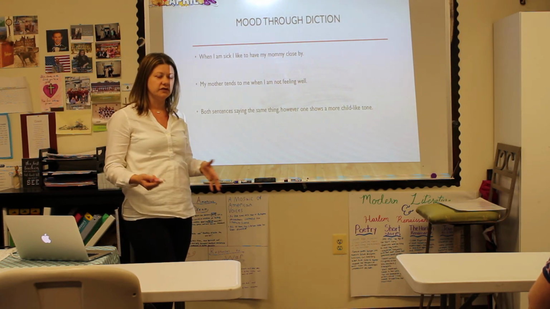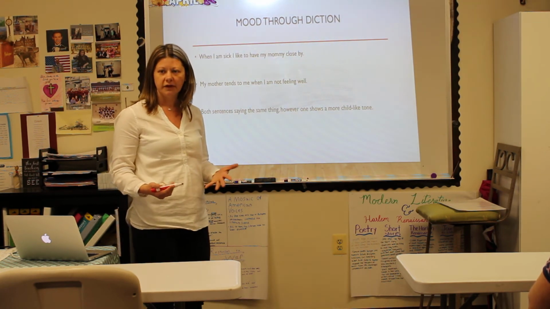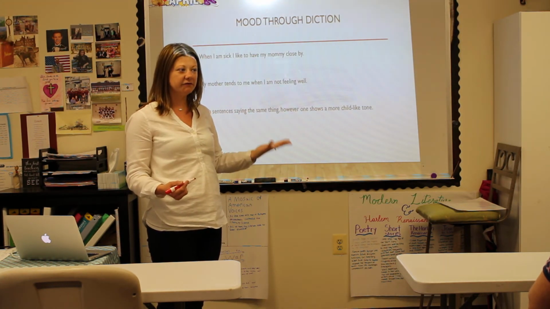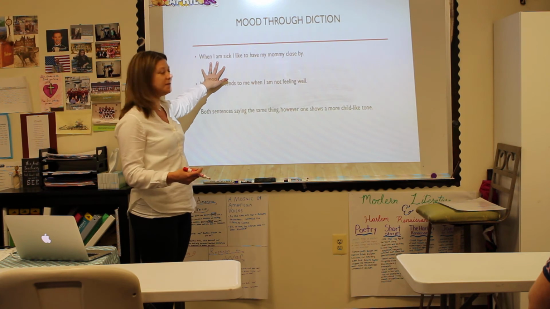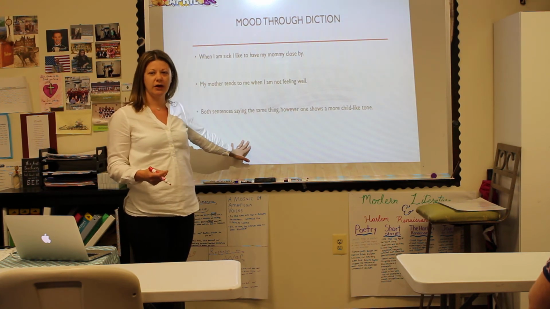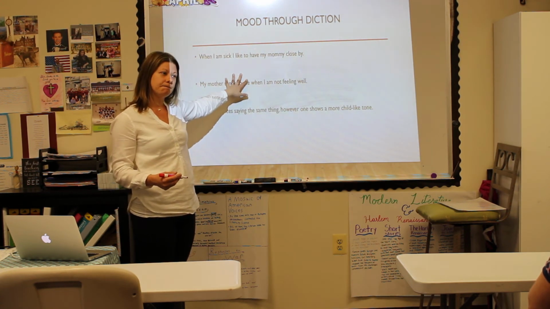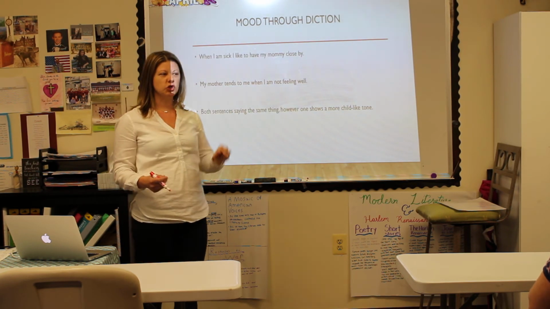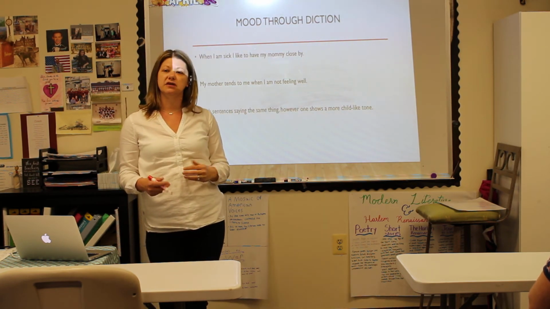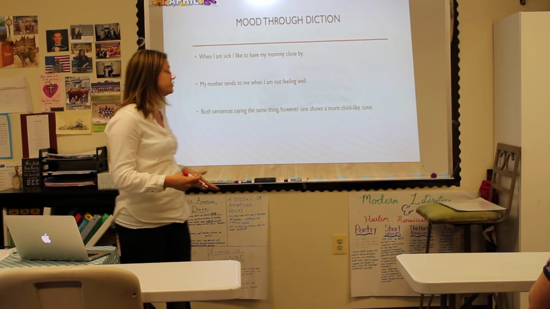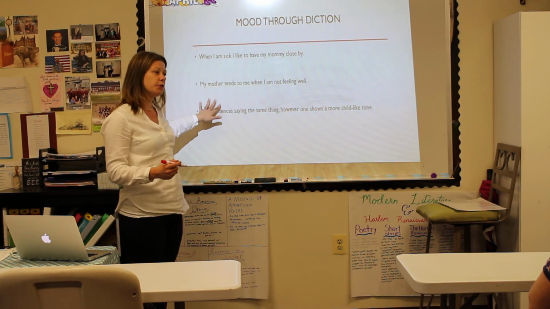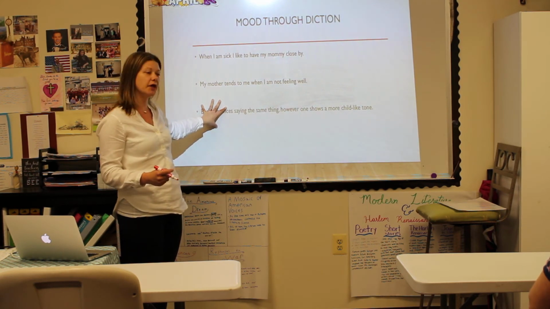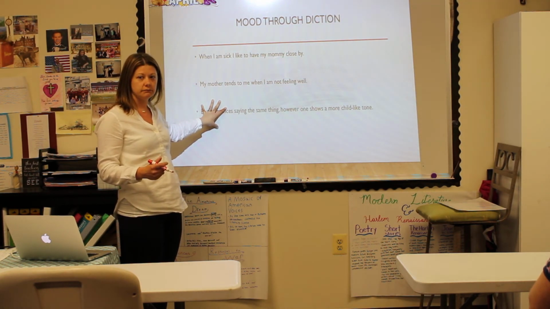Both sentences tell me that my female parent is involved, but here, mommy has that childlike quality, that innocence. Here, my mother tends to me. Mother is much colder. Mother is not as warm. So depending on the mood that we wanted to evoke, and the feelings we wanted to get, is whether we would choose mother or mommy.